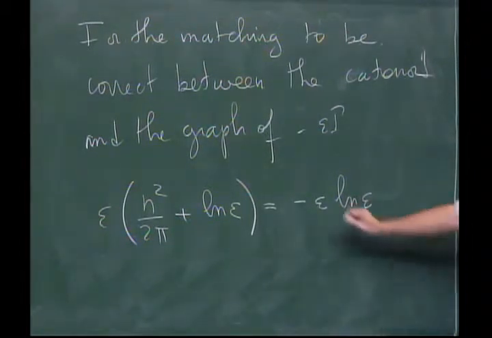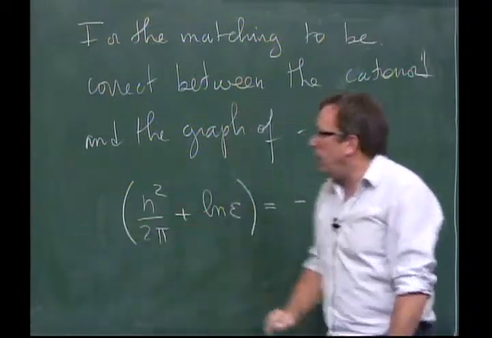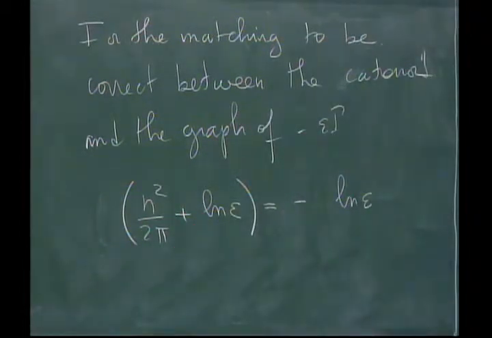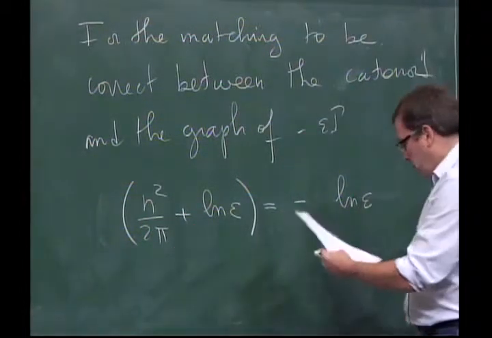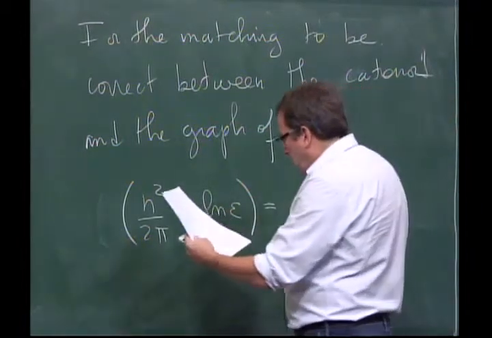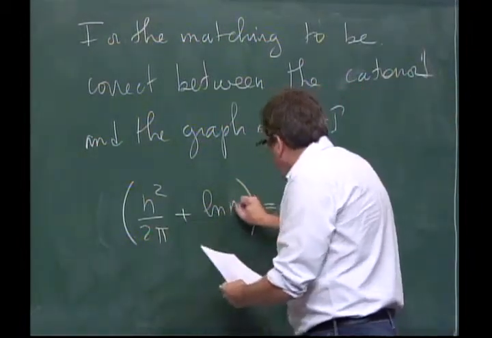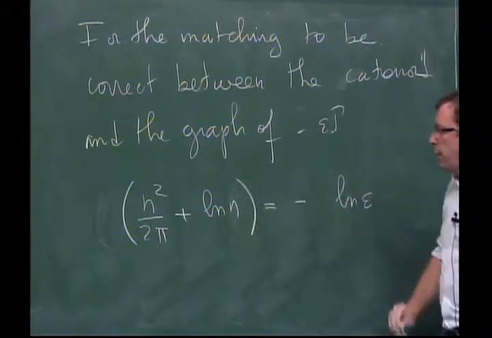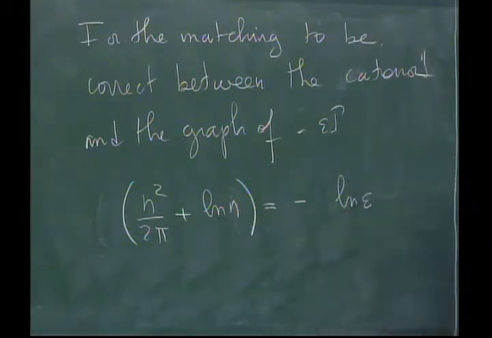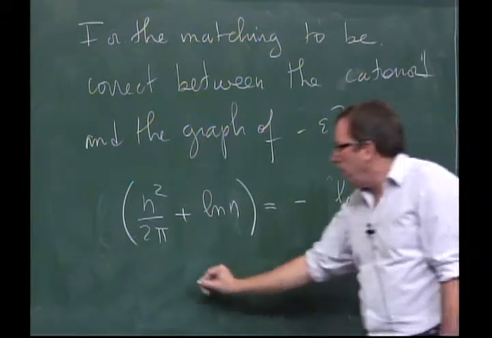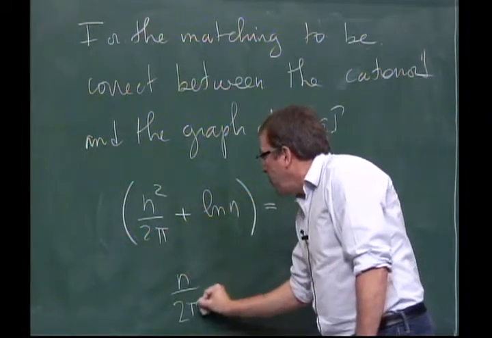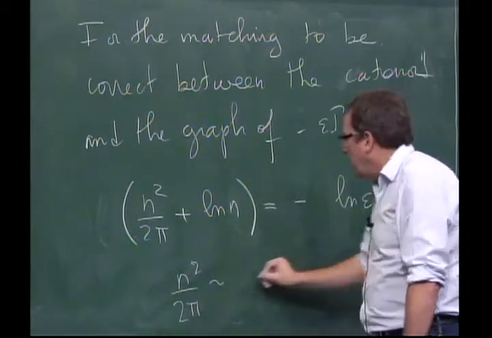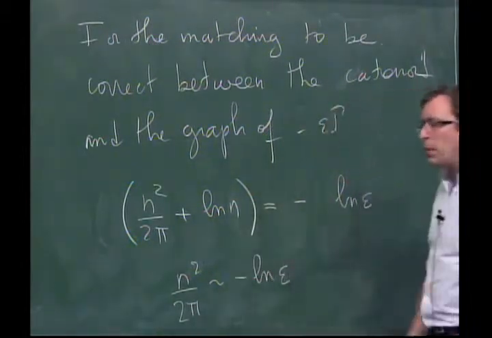Okay, so you can exactly remove this. And what it tells you, excuse me, n, and basically, because this one is much smaller than this one, it tells you that the number n squared over 2 pi has to be of the size minus log epsilon.